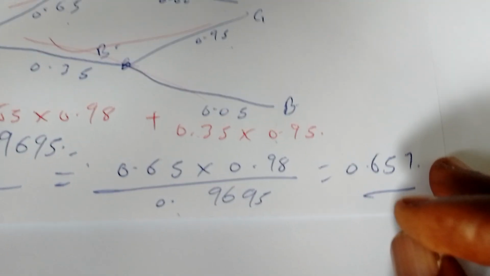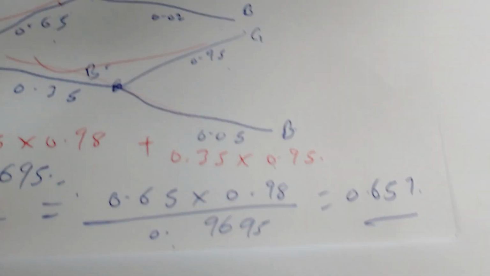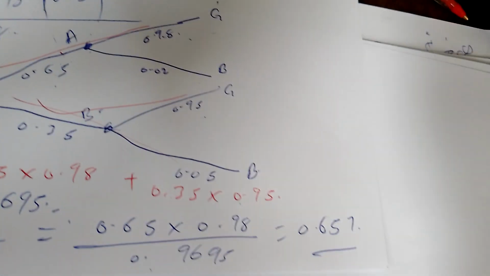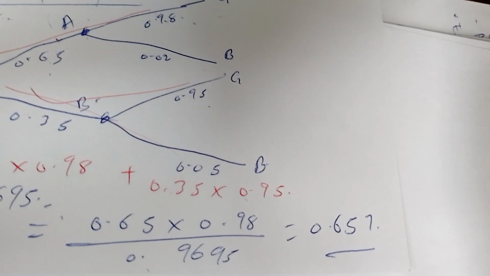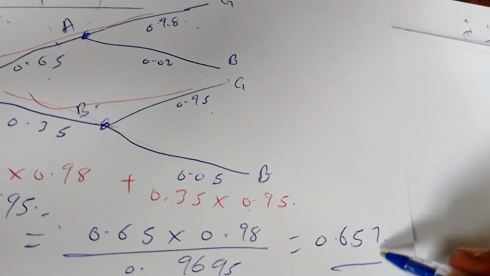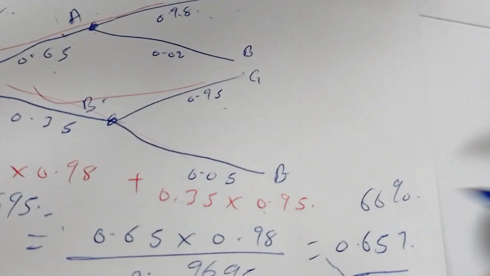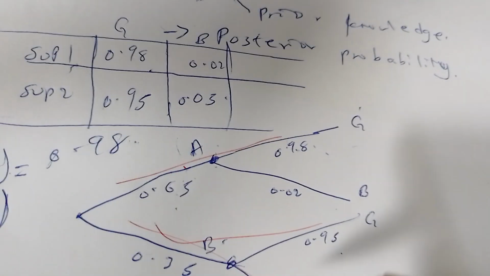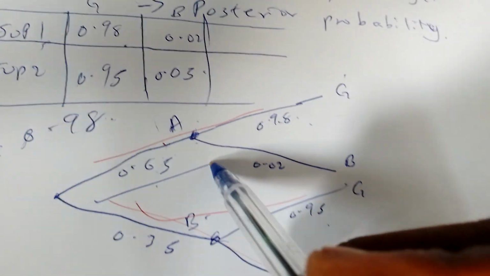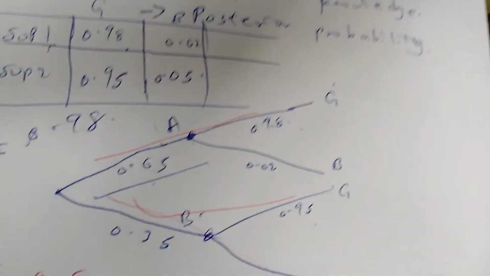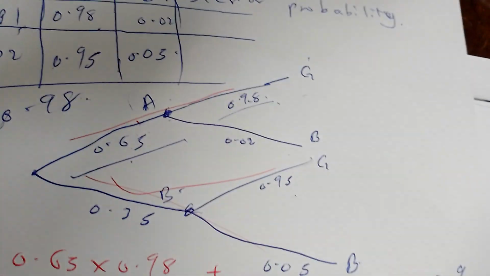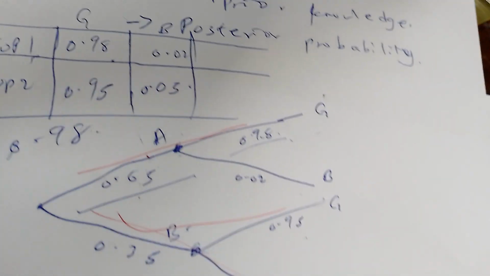So it tells us that if you have some good item in your shop, then the probability that it is from supplier 1 is about 66%. Which makes sense, because supplier 1 supplies 65% of your items, and on top of that he supplies at a very high quality. So that's one way to solve it.